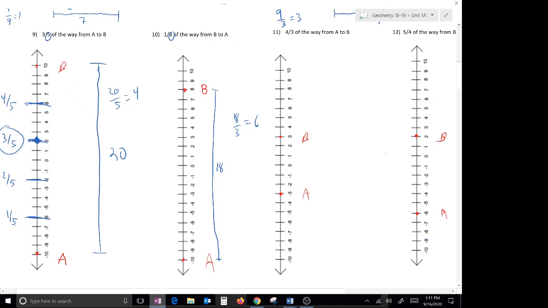So every 6 units, starting at B going down, 1, 2, 3, 4, 5, 6. That's one partition. 1, 2, 3, 4, 5, 6. There's our other partition. So this would be 1/3, and that would be 2/3. So we're looking for 1/3 of the way. So our point would go at +2.